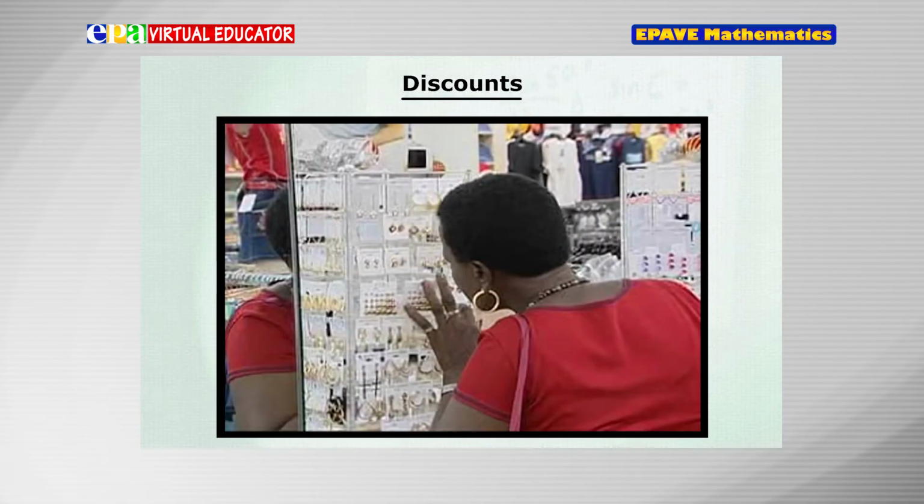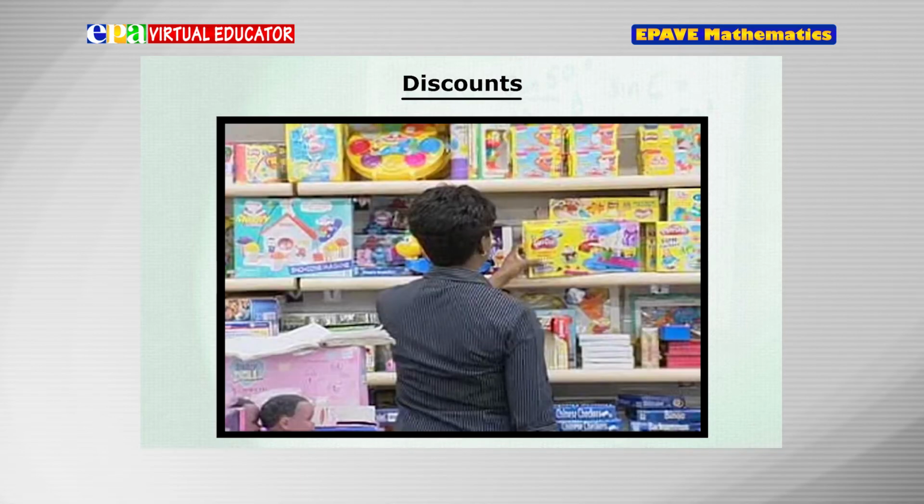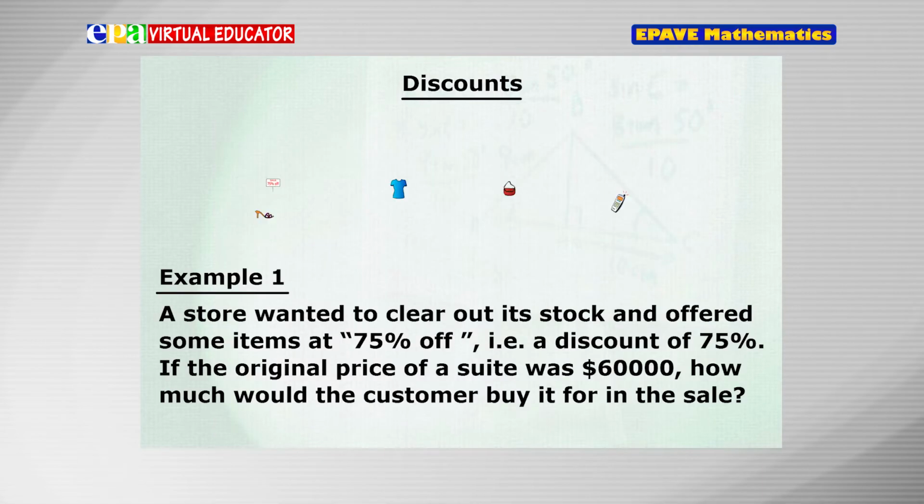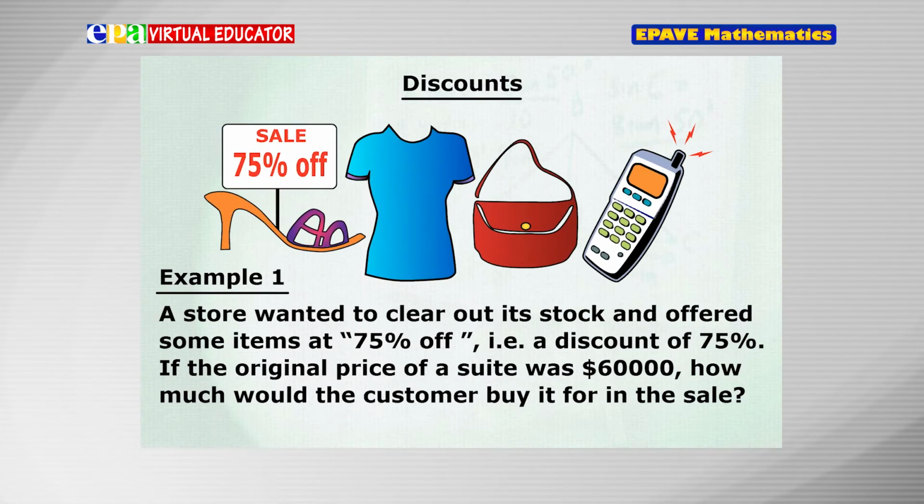We will now move on to discounts. This is when items are sold at much reduced or discounted prices. Here is an example. A store wanted to clear out its stock and offered some items at 75% off, that is, a discount of 75%.